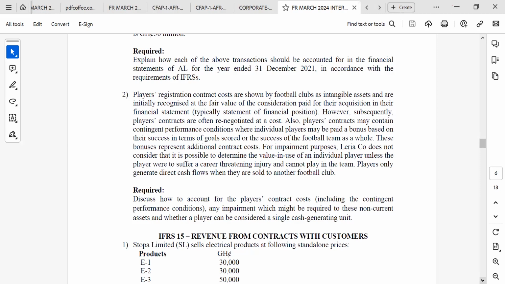Required: Discuss how to account for the player's contract costs, including the contingent performance conditions, any impairment which might be required to this non-current asset, and whether a player can be considered a single cash generating unit. Okay, thank you. So now the discussion is in your hand.